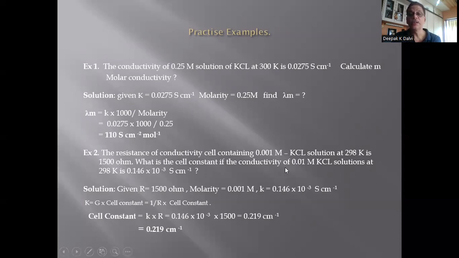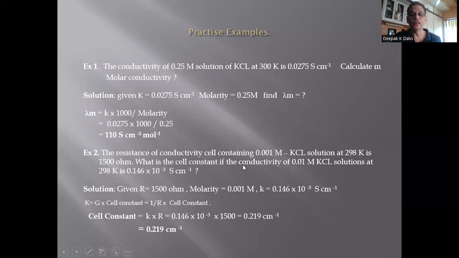If the conductivity of 0.01 M KCl solution at 298 Kelvin is 0.146 into 10 to the minus 3 Siemens per centimeter.